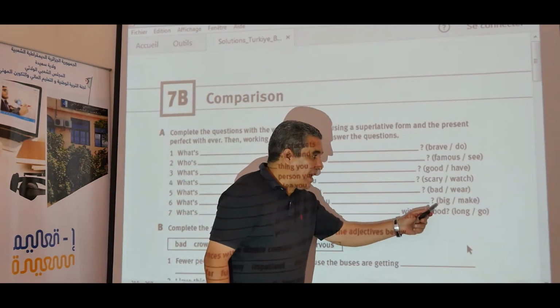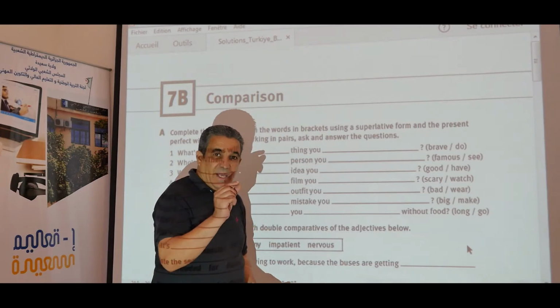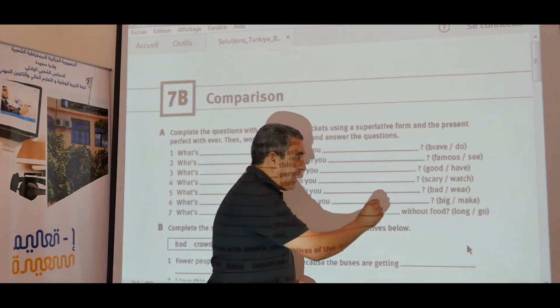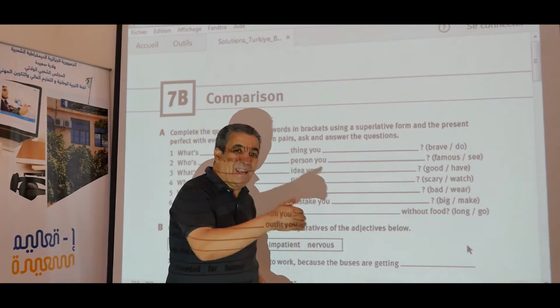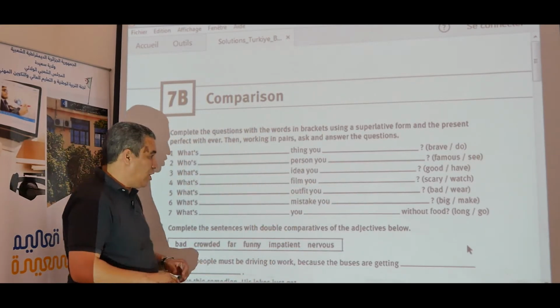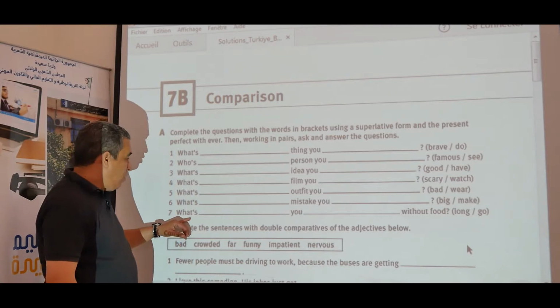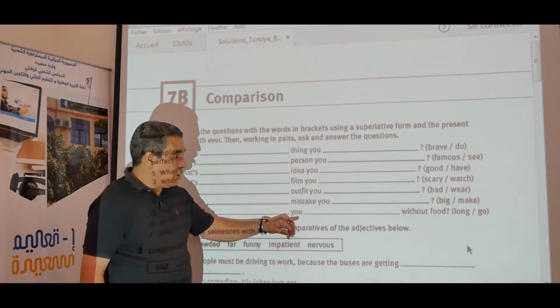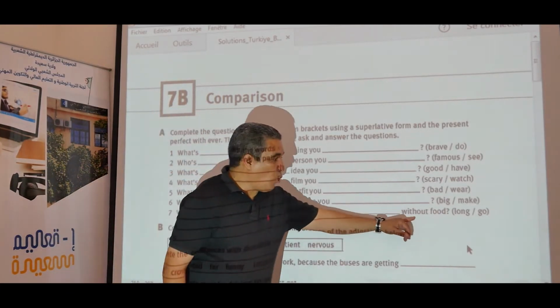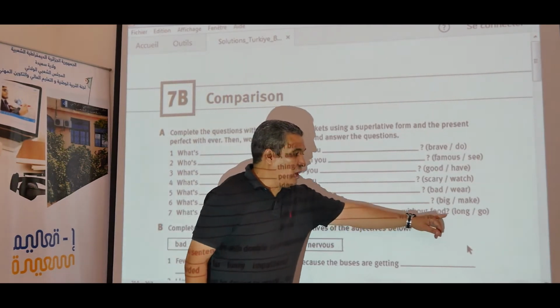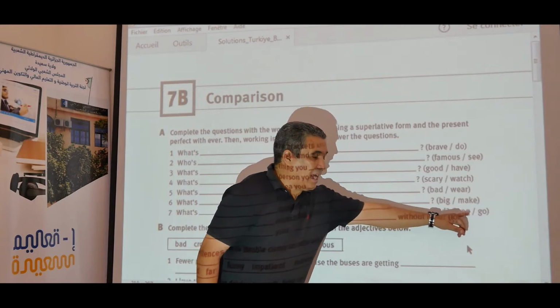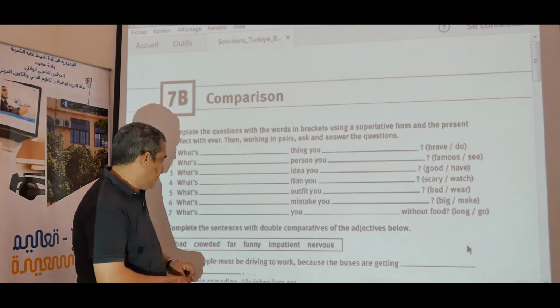And remember, big, we said, because we have a short vowel, we need to double the consonant. So it should be biggest with double G, the biggest mistake you have ever made. Then we've got the adjective long, and the verb go.